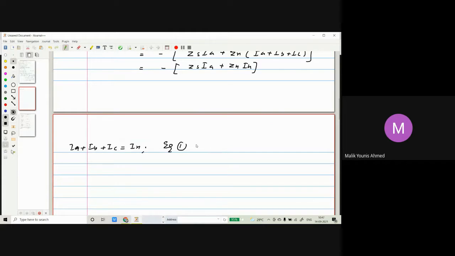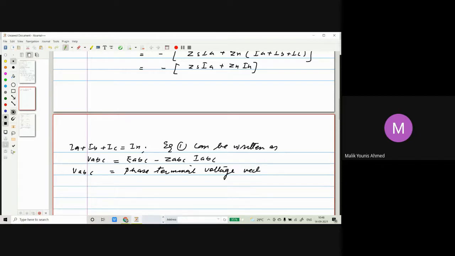Equation 1 can be written as VABC equals EABC minus ZABC times IABC, where VABC is the phase terminal voltage vector, and IABC is the phase current vector.